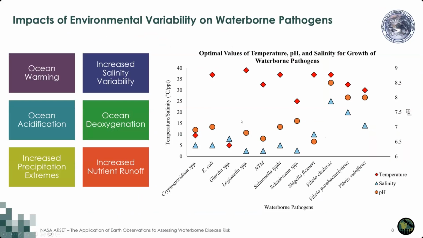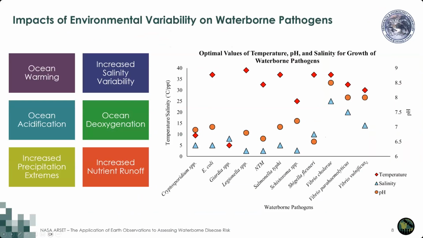So we'll see that there are a host of pathogens that have impacted human populations, which includes Cryptosporidium, E. coli, Giardia, Legionella, Salmonella, Schistosomiasis, Shigella, Vibrio cholerae, Vibrio parahaemolyticus, and Vibrio vulnificus. All of these pathogens are waterborne pathogens, and all of them have different favorable ranges for salinity and temperature. In this presentation, we will be focusing on Vibrios.